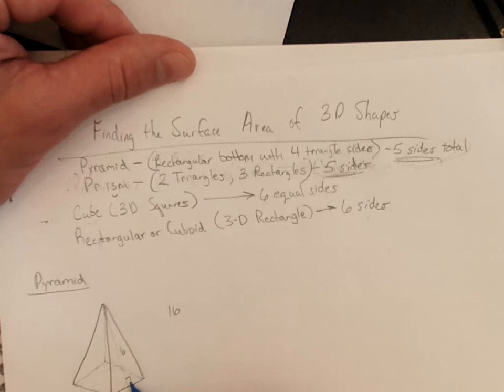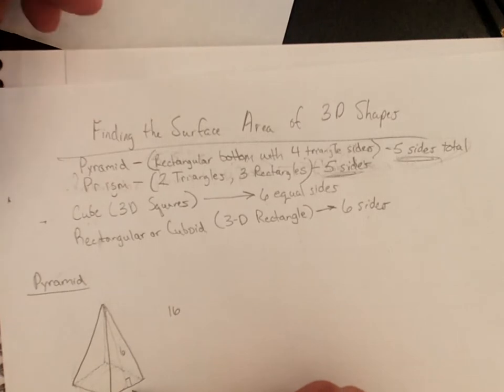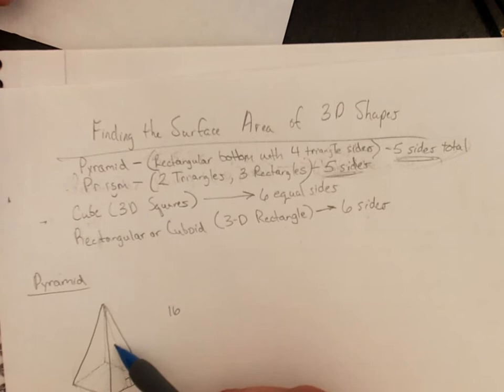Now, for the surface area of a triangle, a couple videos ago, I showed you how to find the area of a triangle. It's half the base times height, or half the height times base, either way. So you could say half times the height, which is 3, times the base, which would be 4. All these are 4s all the way around, all these lines.